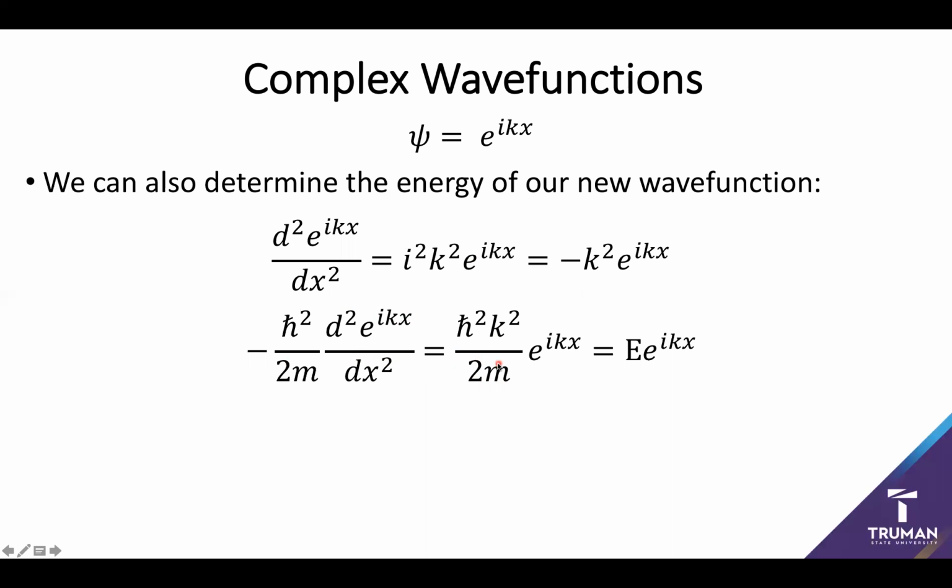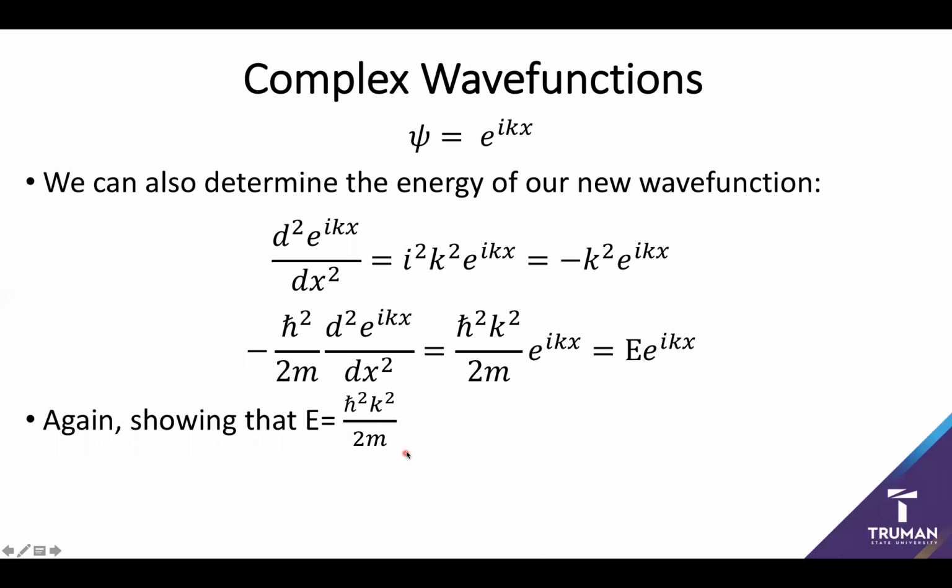Then what we need to remember is, because this is a Schrodinger equation in operator form, we should have returned back our wave function, which indeed we did, and that everything else is the energy. So this means that the energy for this wave function is going to be h bar squared times k squared over twice the mass of the particle.